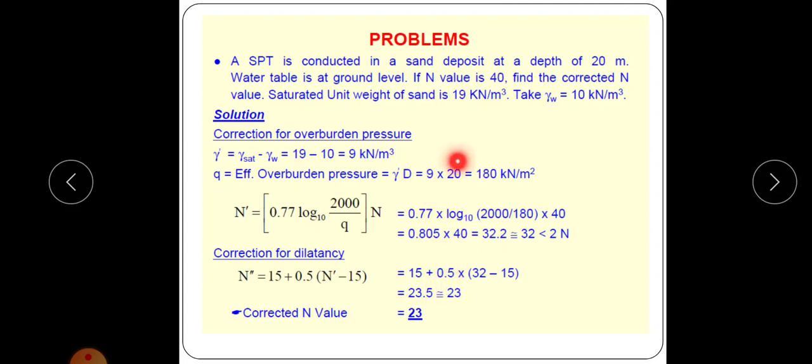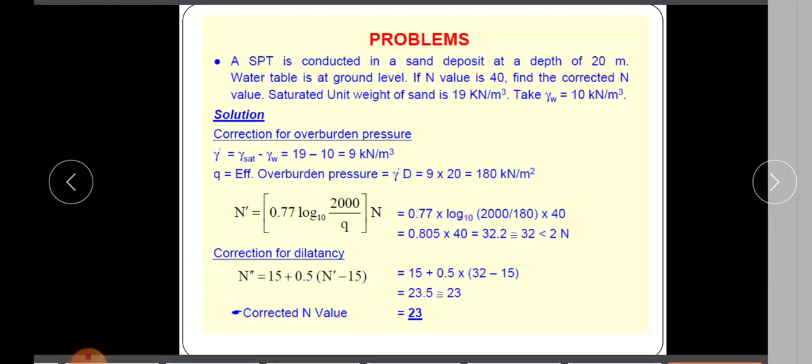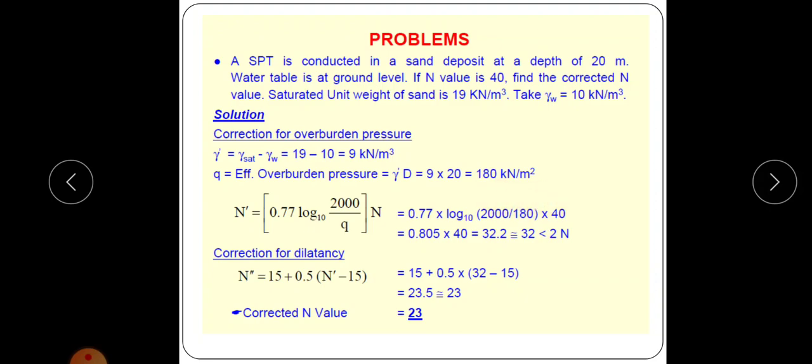So the whole soil will be in submerged condition, so gamma dash is equal to 9 kilonewton per meter cube. And first we have to do overburden correction. For that, effective overburden pressure Q is equal to gamma into D. So here, since it is submerged, we take gamma dash into depth 20 meter, that is 9 into 20, 180 kilonewton per meter square is the effective overburden pressure.